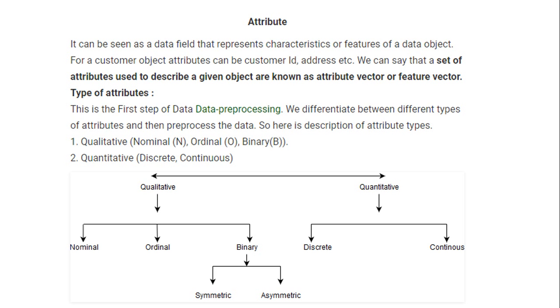So now we can go straight and talk about discrete versus continuous attributes. We can say a discrete attribute has a finite or countably infinite set of values, which may or may not be represented as integers.